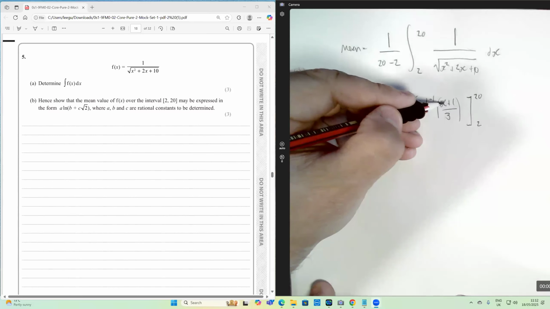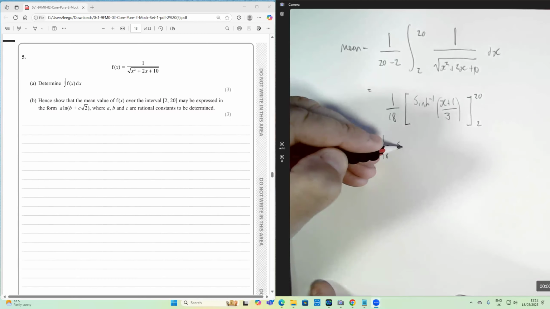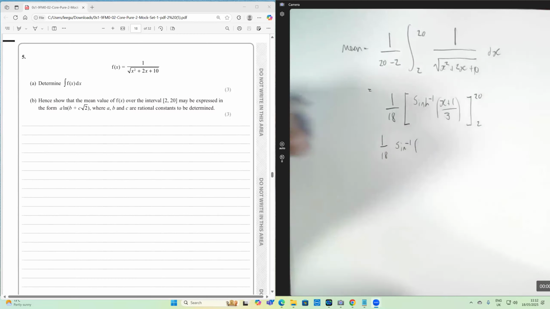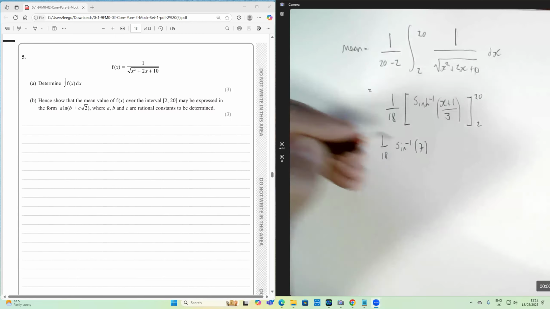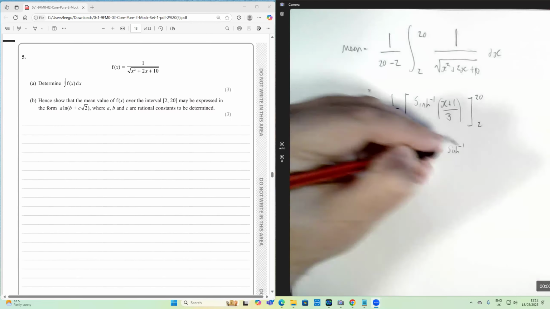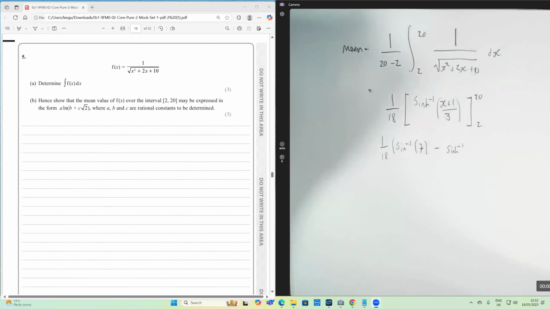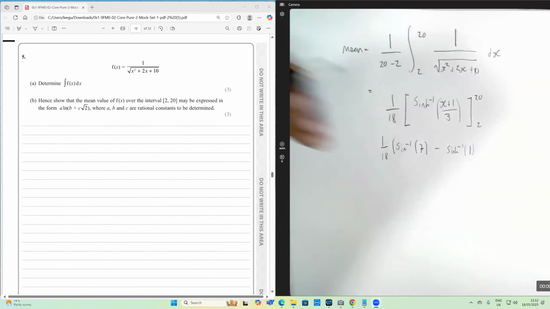So it's 1 over 18 times inverse sinh of 20 add 1, which is 21, and 21 divided by 3 is 7, minus inverse sinh of 2 add 1, which is 3, and 3 divided by 3 is 1, inverse sinh of 1.